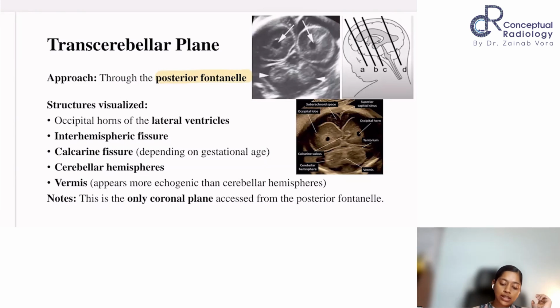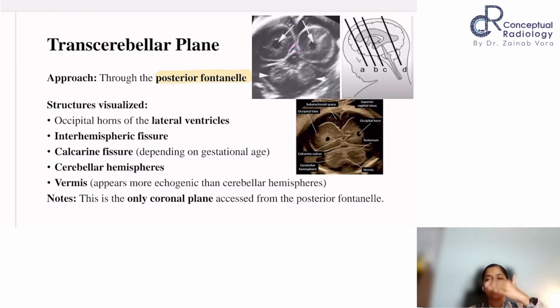Now, what do we see in this? The first thing is you see the occipital horns of lateral ventricle, nicely symmetrical. You see the interhemispheric fissure. Look for another fissure, which is calcarine. Now, depending on the age, if the baby is very small, you're going to see slight indentation only.